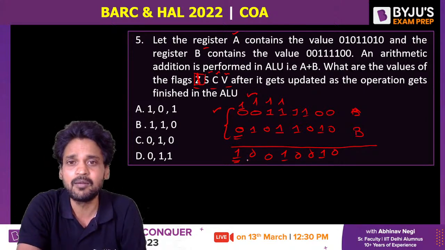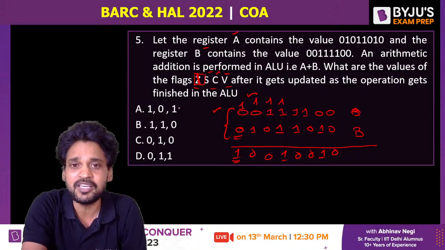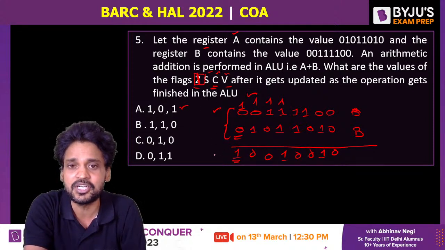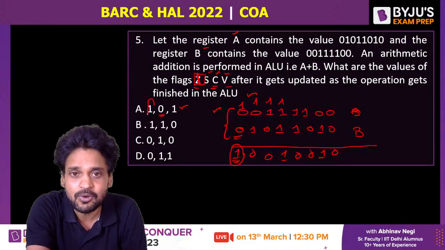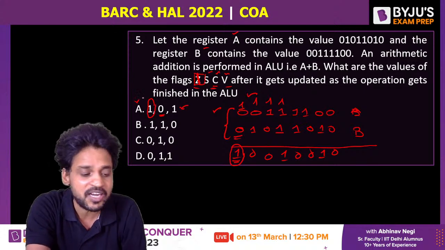So here there will be overflow. Overflow bit must be equal to 1. There is no carry, carry meaning we need an additional digit, so this must be 0. And the sign, of course, the most significant digit, is equal to 1. 101 is the correct option.